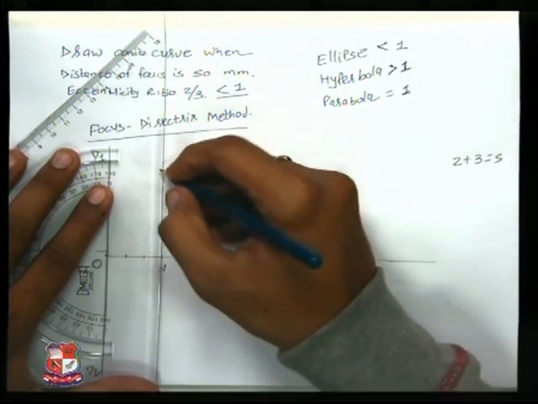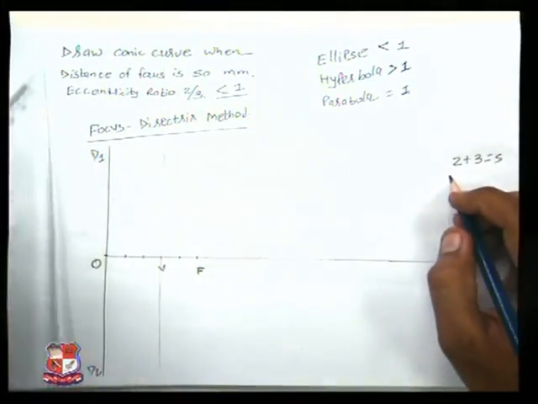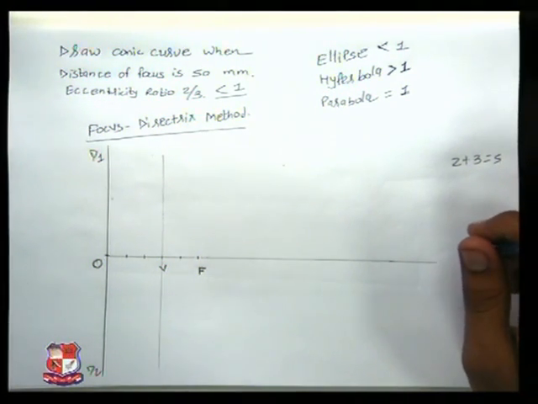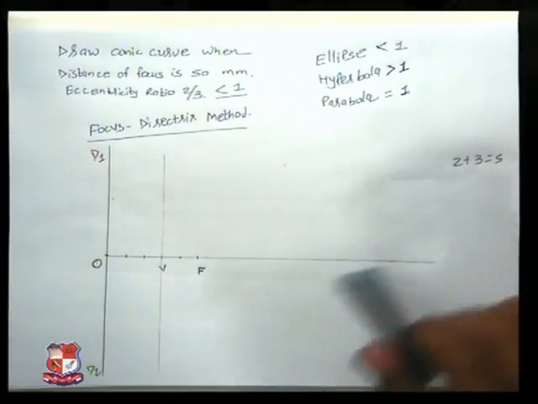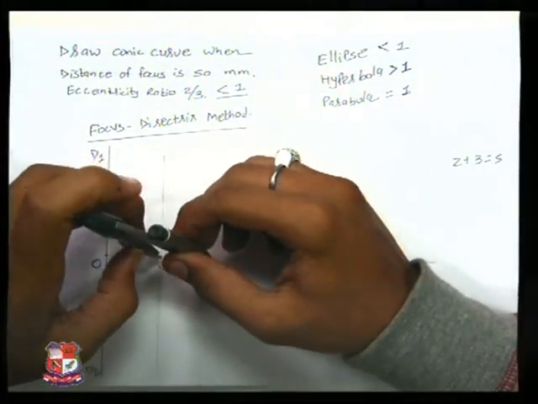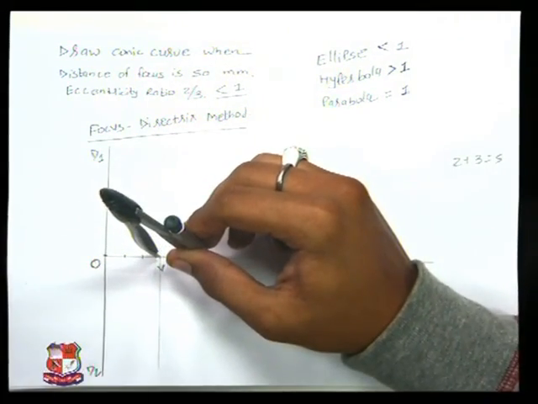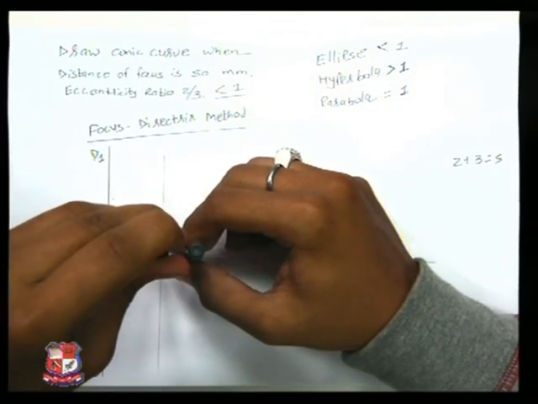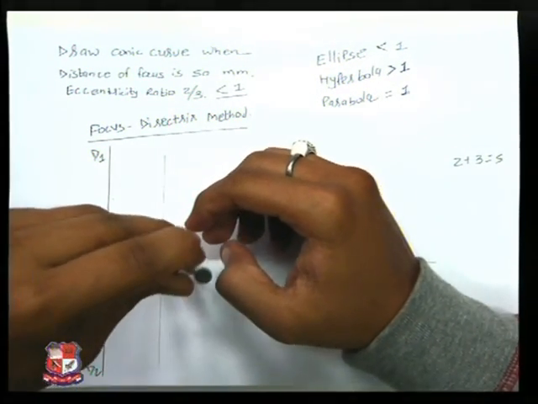Vertex point is 2 points away from this focus point. Draw a vertical line from this vertex for any length. Take V as center, VF as radius, and draw a semicircle.